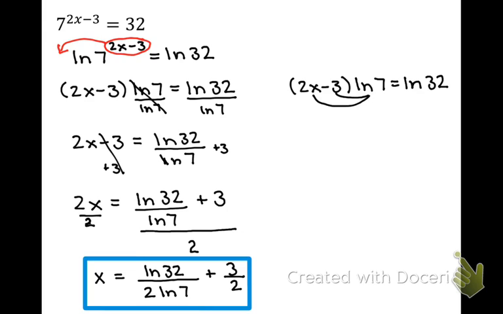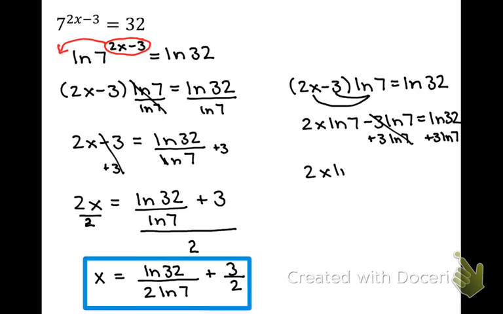If I did this, I would get 2x ln 7 - 3 ln 7 = ln 32. I would add the 3 ln 7 to the other side. And I would get 2x ln 7 = ln 32 + 3 ln 7.